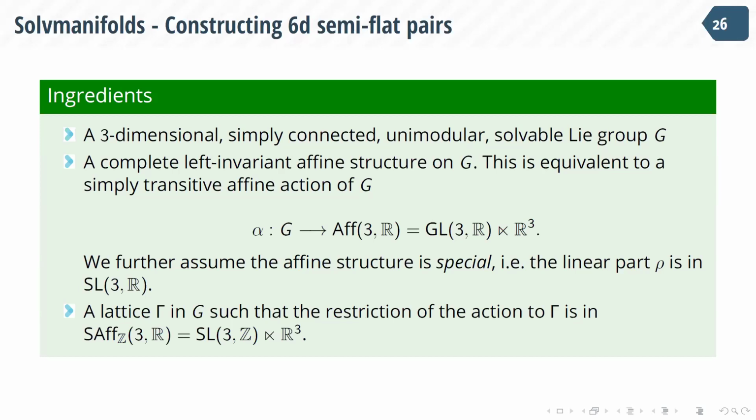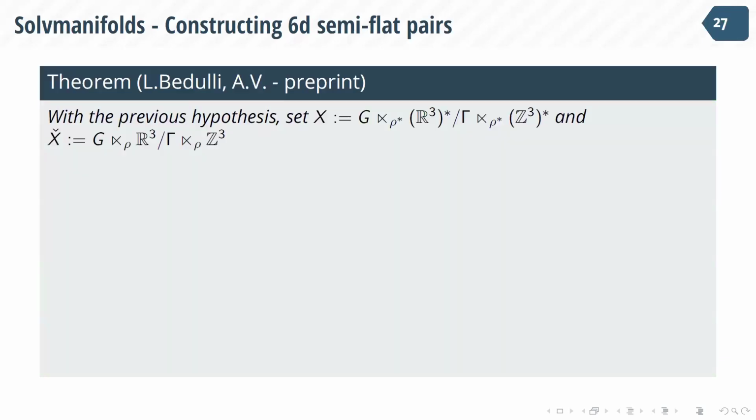We fix a lattice gamma in the Lie group such that the restriction of the representation to gamma is in the special integral affine subgroup. With this hypothesis, we can form the following semi-direct product and define a six-dimensional Lie group via semi-direct product, and six-dimensional lattices.